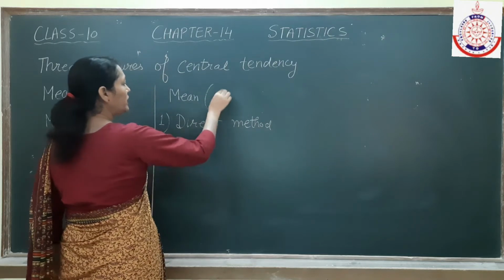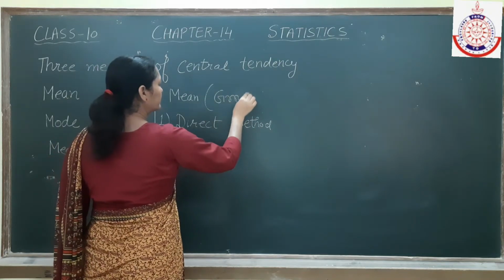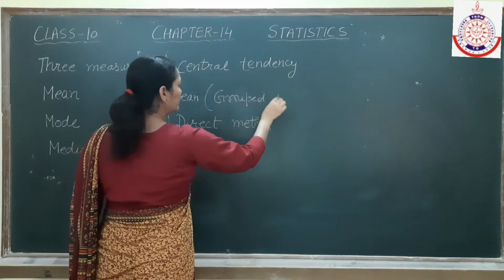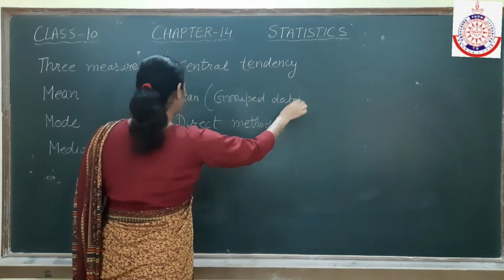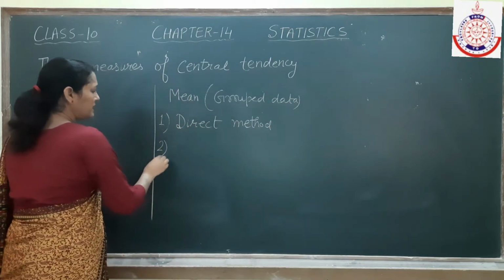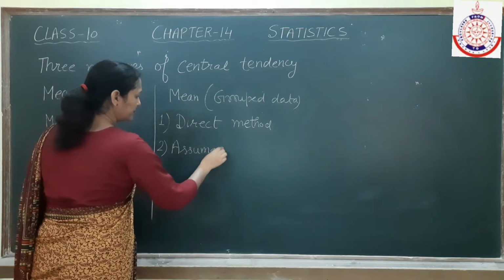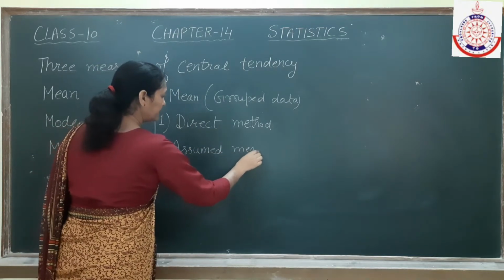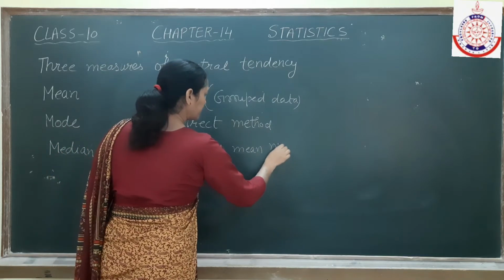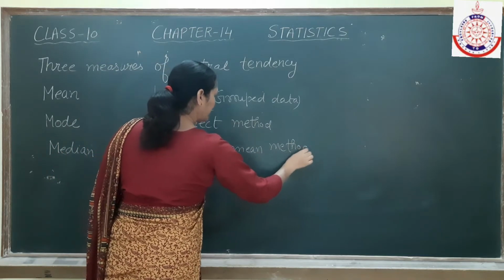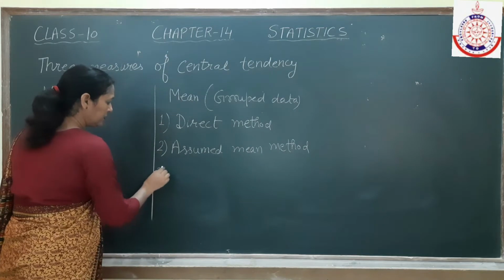And this we are learning for group data. Then is assumed mean method. And third one is shortcut method.